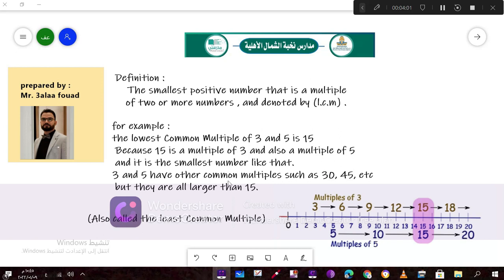For example, the lowest common multiple of 3 and 5 is 15, because 15 is a multiple of 3 and also a multiple of 5, and it's the smallest number like that. 3 and 5 have other common multiples such as 30, 45, and so on, but they are all larger than 15. It is also called the least common multiple, LCM. Look at the number line shown in the figure.